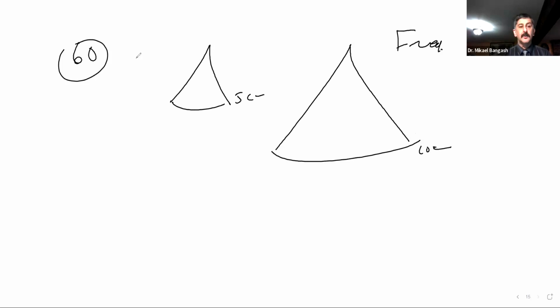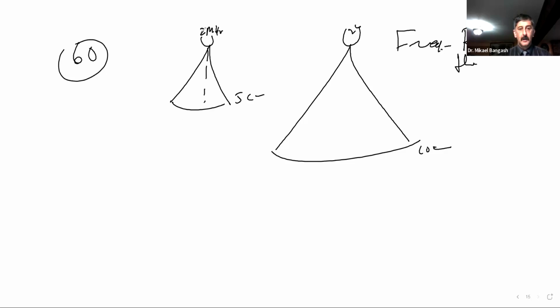Indirectly, we already answered that question. That frequency remains the same. The transducer might have produced, let's say, 2 megahertz. At 2 megahertz, that wave travels deeper and deeper.